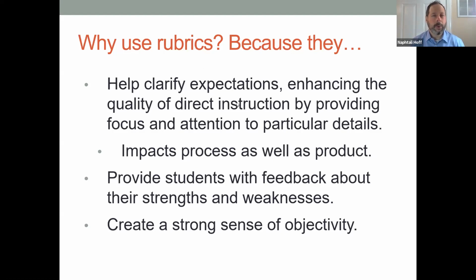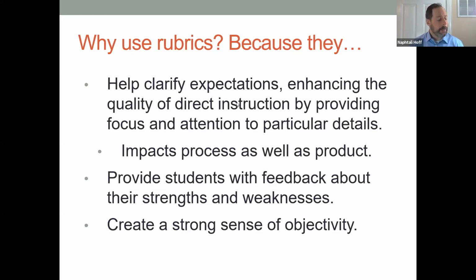All right, so there is a range here, and the truth is there's no right answer. All of these are important. I don't think anyone would question the importance of each of these, right? If students know exactly what you want, they're going to be focused more and they will produce a better outcome. If students get feedback on what they're doing right, they'll feel better about their work, they'll feel better about how you assess them, and they will learn from it and aspire to do better the next time.